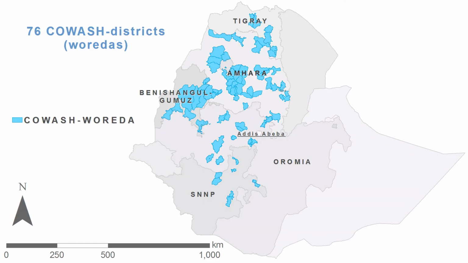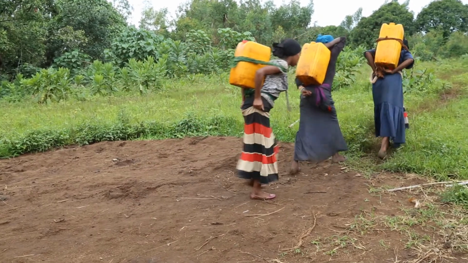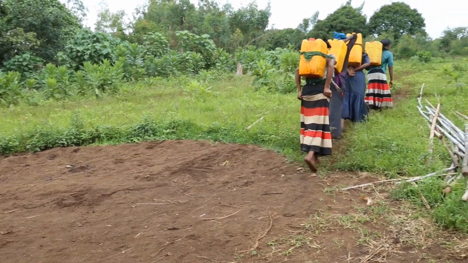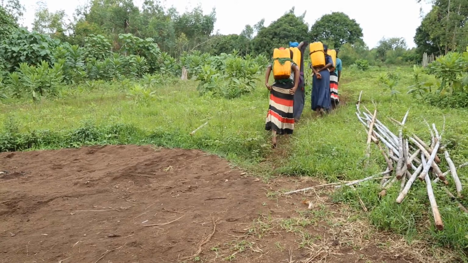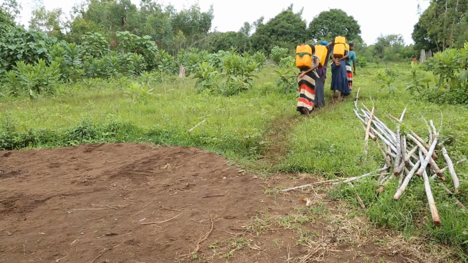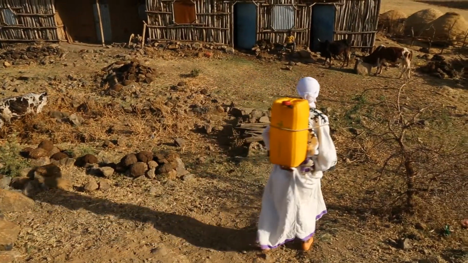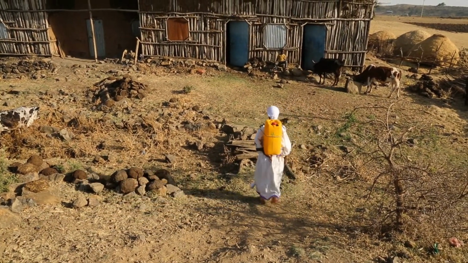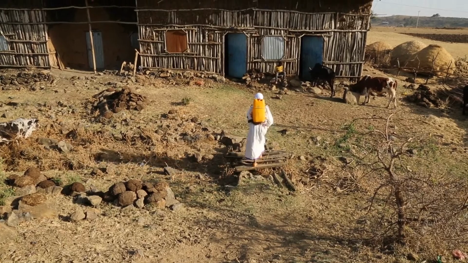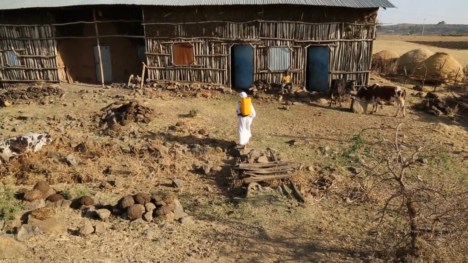It was replicated in Tigray, Oromia, and Southern Nations, Nationalities, and Peoples' regional states. Currently, CMP is implemented in 76 districts of 5 regions. As of today, more than 4 million people have got access to safe water supply using the community managed project approach.